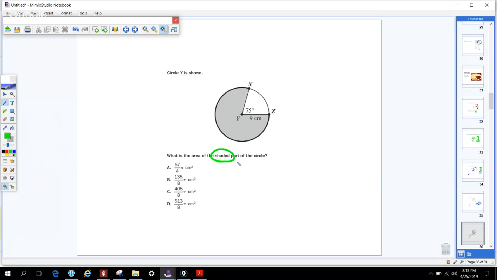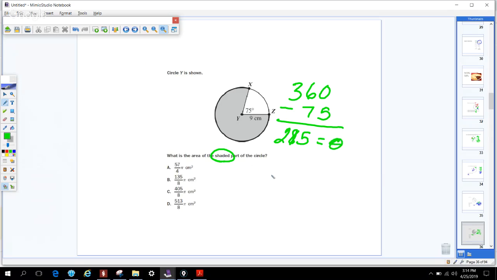And Nick just told us, it wants the shaded region, so don't use the 65, use the 360. So we're going to take 360, subtract the 75, and that's going to give you the theta.